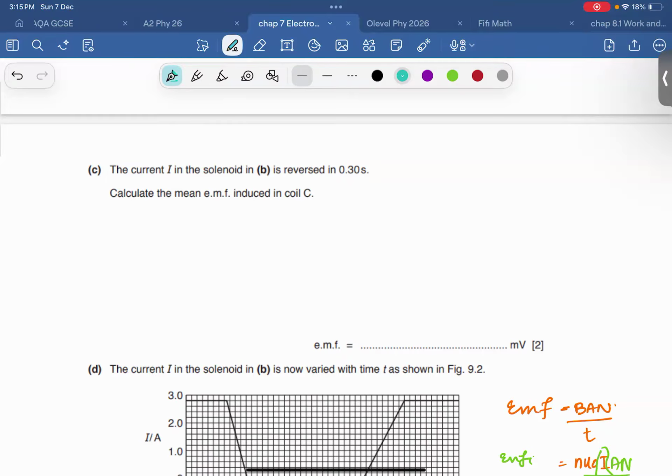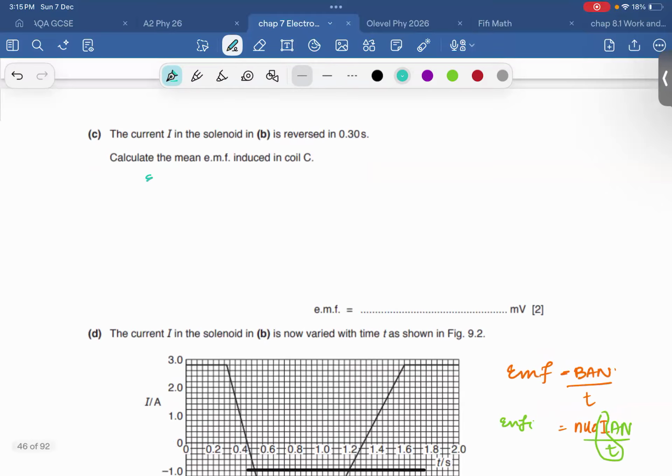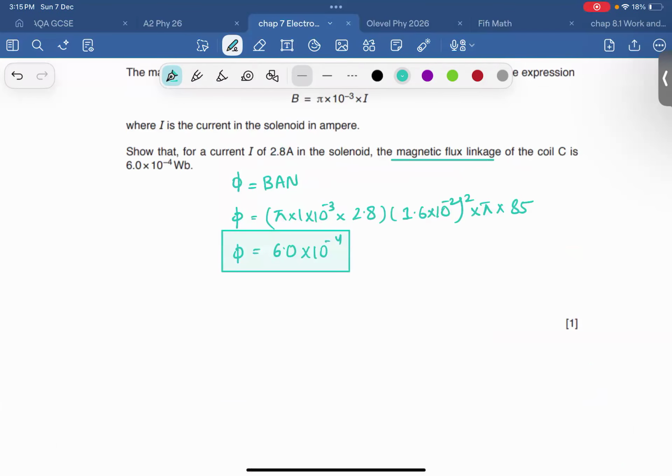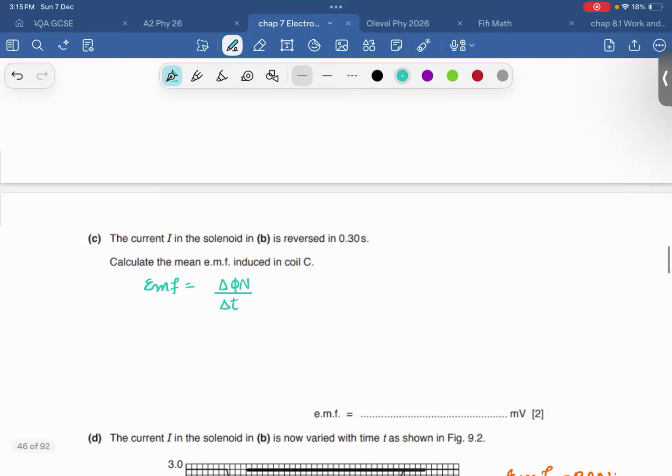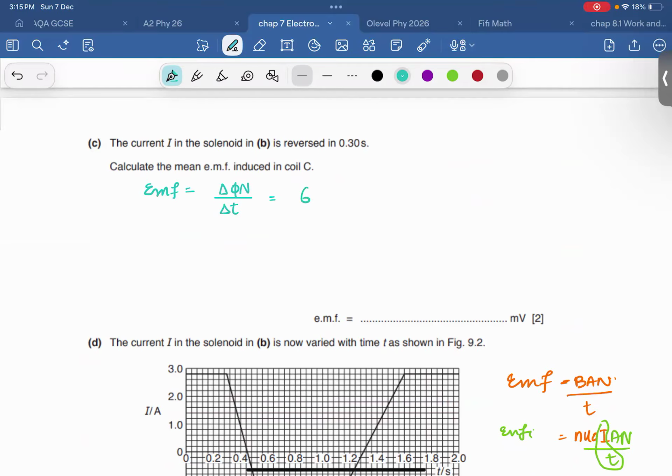So induced EMF is equal to change in magnetic flux linkage divided by delta T, right? This is the formula that we use. So we found the change in the magnetic flux linkage, and you can put it in: 6 exponent negative 4 divided by 0.3.